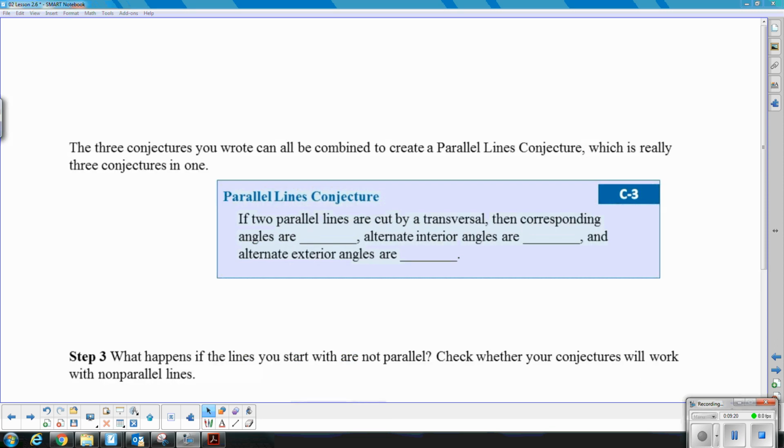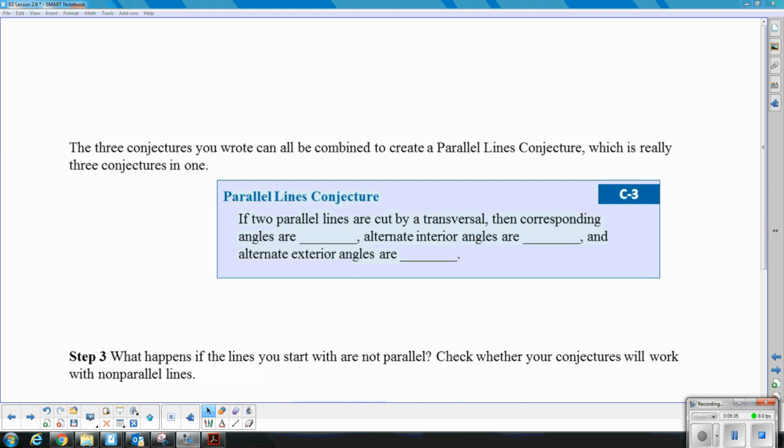So if we combine those three conjectures, the corresponding angles conjecture, the alternate interior angles conjecture, and the alternate exterior angles conjecture, we get the parallel lines conjecture.